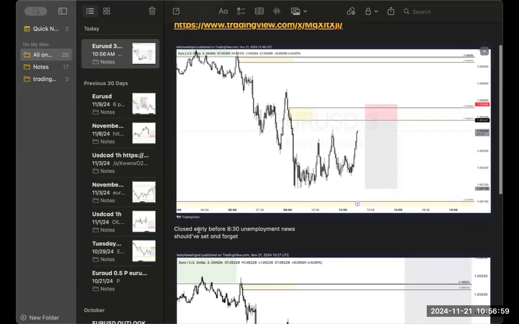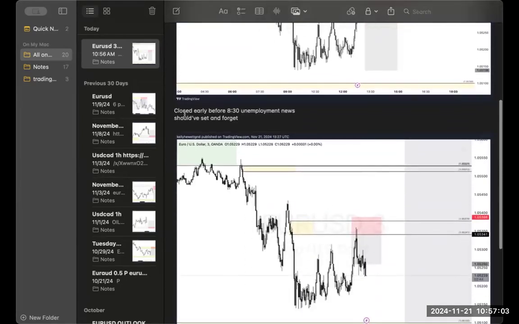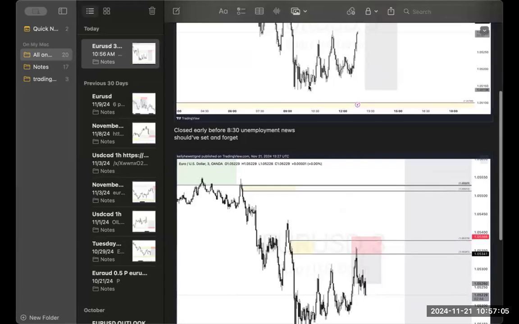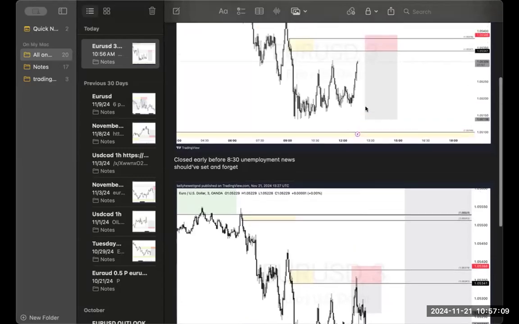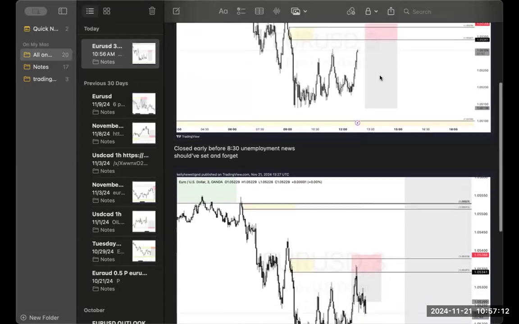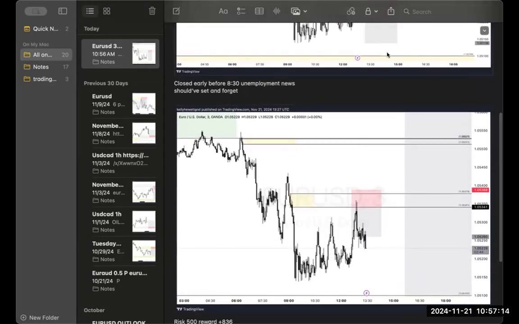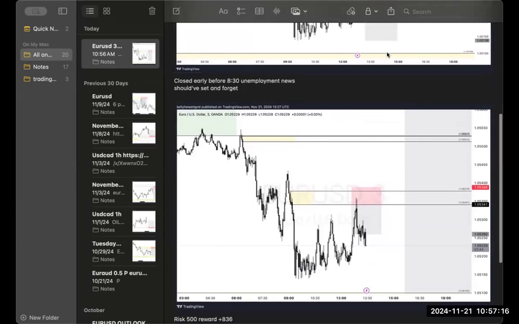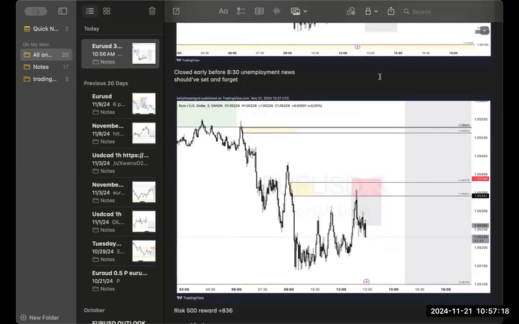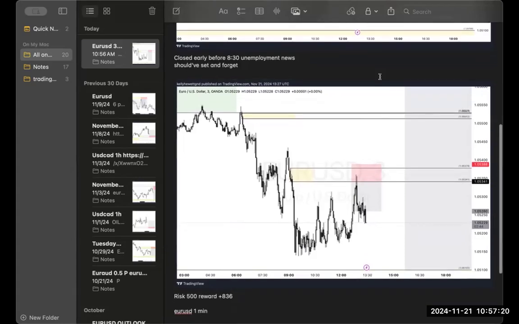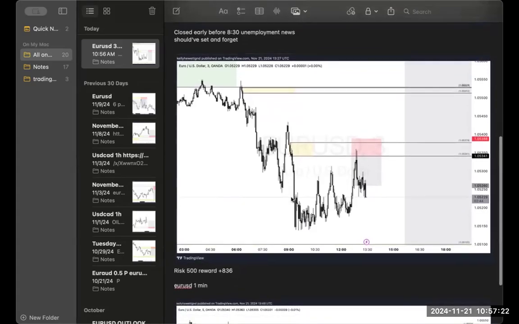Now, I did close this early because of news, right? And it didn't hit the final target, but it did run. I wasn't targeting 1 to 3, I was targeting 1 to 5. That's my usual target, 1 to 5. That way I only need to win 2 trades out of 10, which is not hard, right?